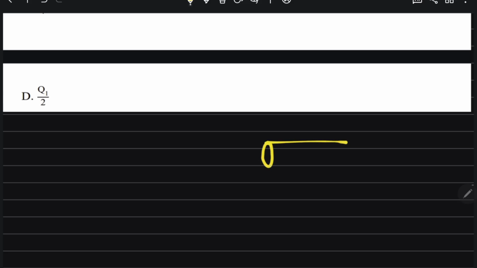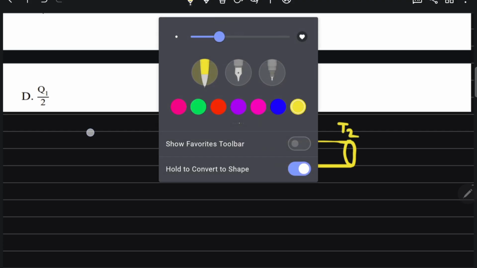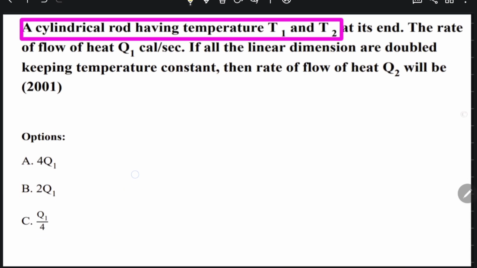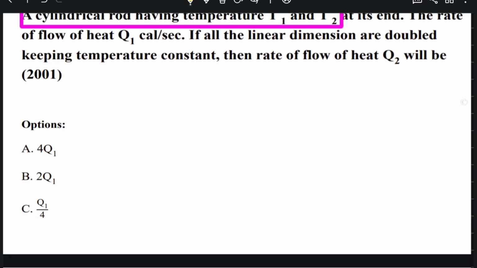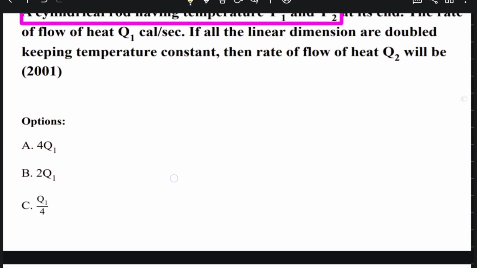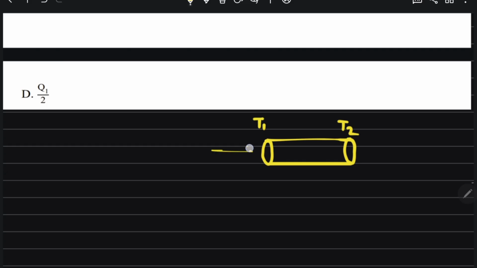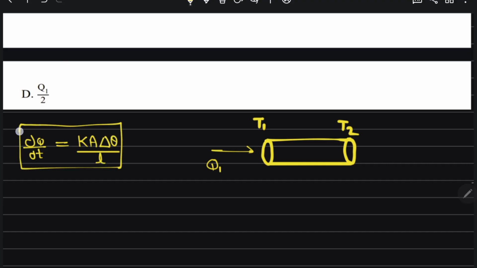This is the cylinder having temperatures T1 and T2 at its ends, the rate of flow of heat is Q1 calorie per second. If the linear dimensions are doubled, then what is the rate of flow of heat? We know dQ by dt is equal to K A delta theta by L. This is our formula for the rate of flow of heat.